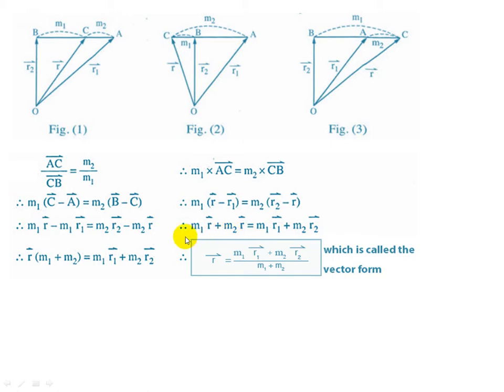Taking R as common factor in the left hand side, so vector R between brackets (m1 + m2) equals m1 vector R1 plus m2 vector R2. So to find vector R, divide both sides by the brackets (m1 + m2). You will find that vector R equals (m1 vector R1 + m2 vector R2) over (m1 + m2), which is called the vector form of the point of division of AB.